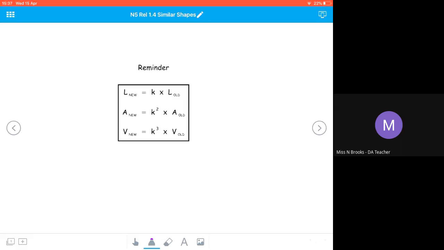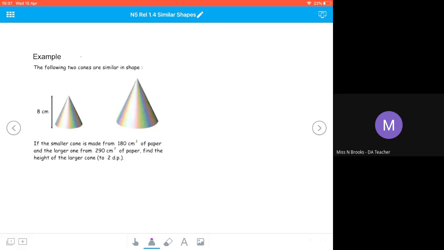So in this example, the following two cones are similar in shape. We know the height of the small cone is 8 centimeters, and it says here it's made from 180 centimeters squared of paper. So I'm going to write that onto the picture. So A old is 180 centimeters squared.